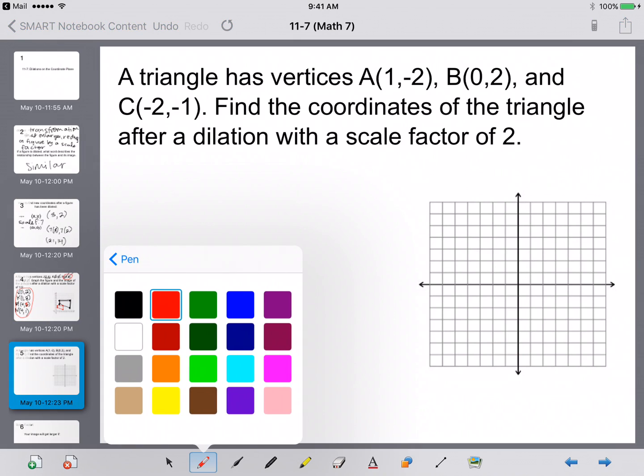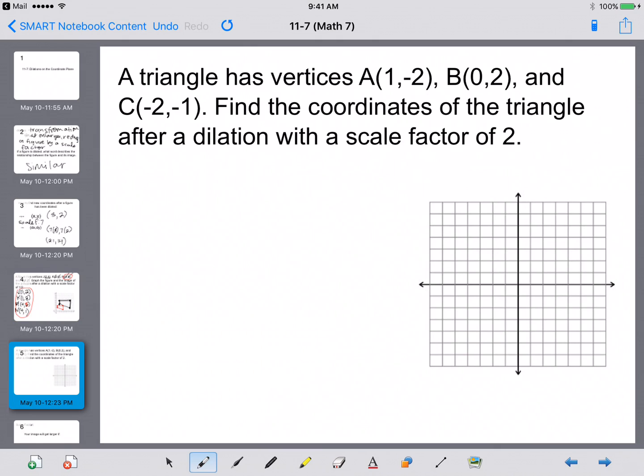So first things first, let's graph our original. So A is at 1, -2. B is at 0, 2. And C is at -2, -1. So there's our original figure.